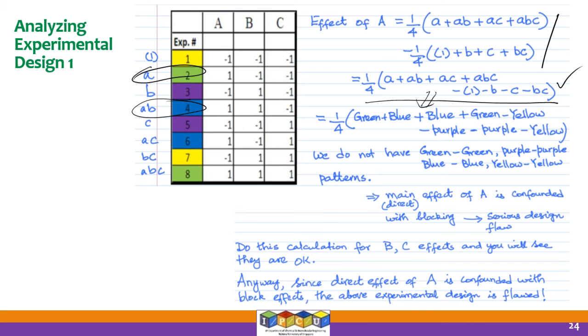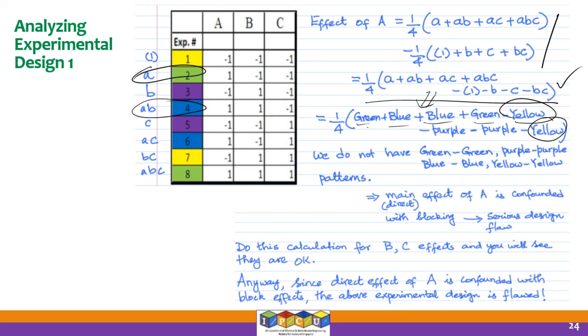Then what you see is green plus green. You do not see green minus green, which is important for the effects of the skill level to cancel out. You see green adding to green, blue adding to blue, and yellow adding to yellow, in some sense, because you can say it as minus yellow minus yellow inside the brackets.